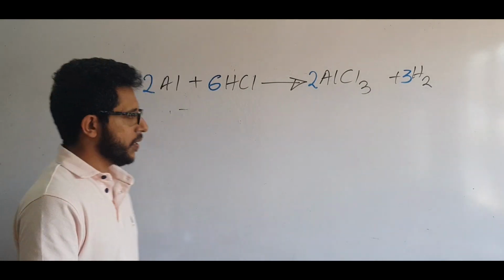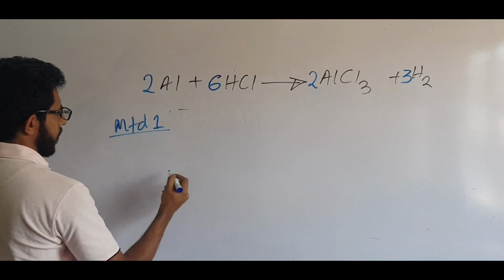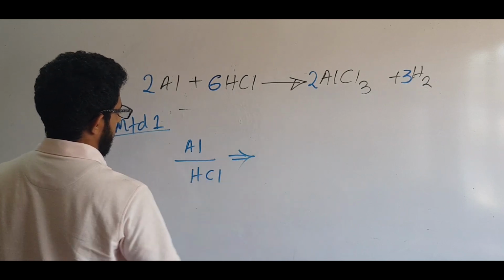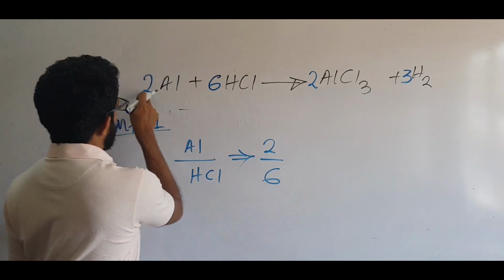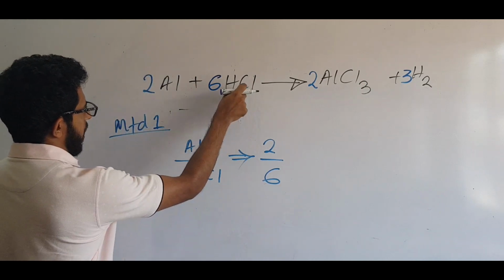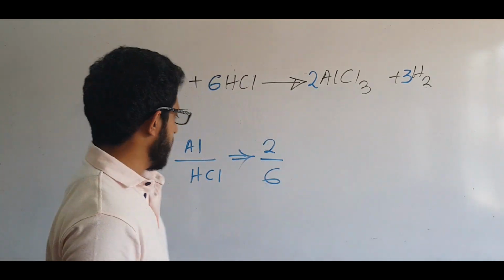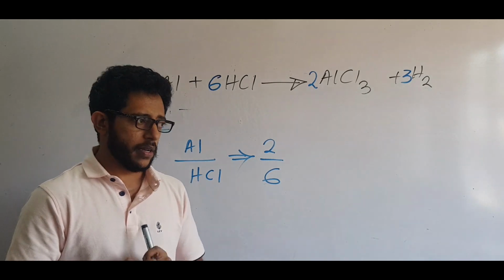This is method number 1. Aluminium over HCl is always equal to 2 over 6. The number in front of aluminium goes on top, the number in front of HCl goes on the bottom. So if you found the amount of aluminium, using the ratio you can find the unknown amount.